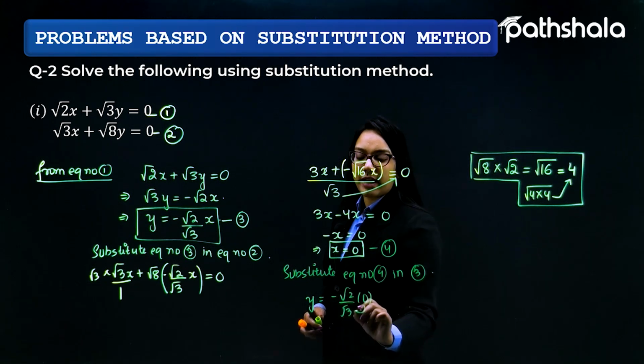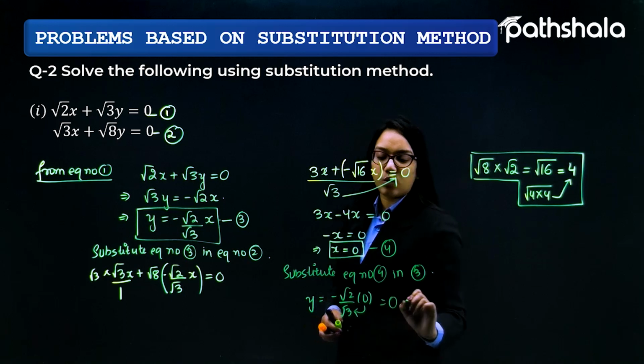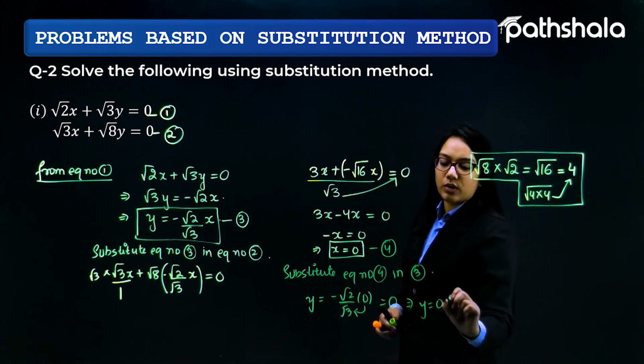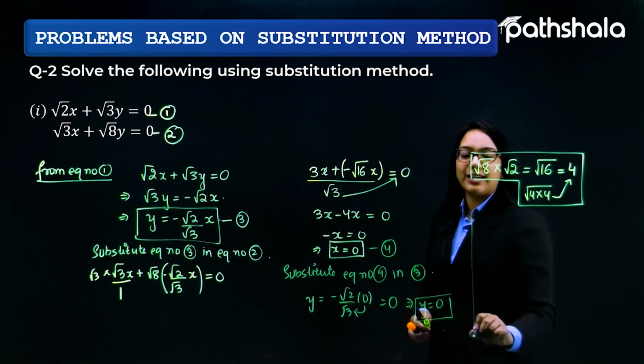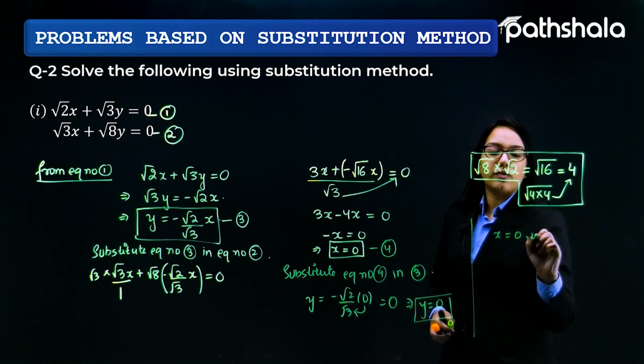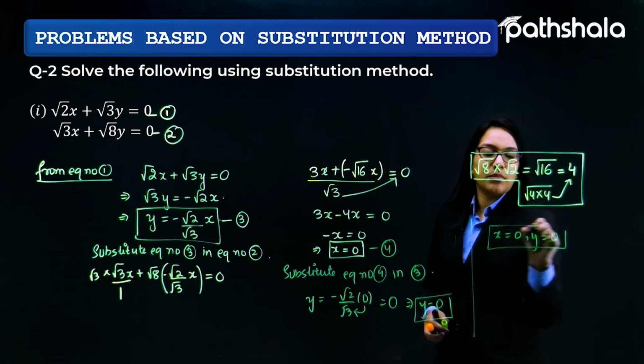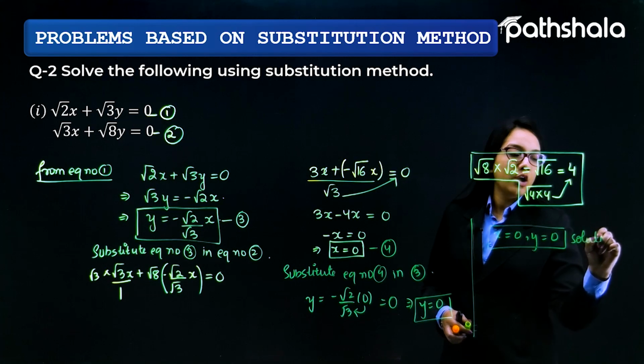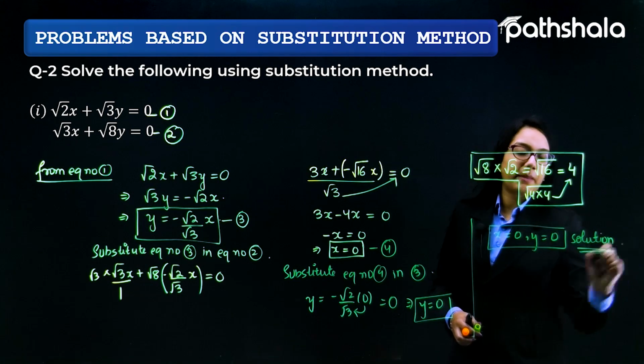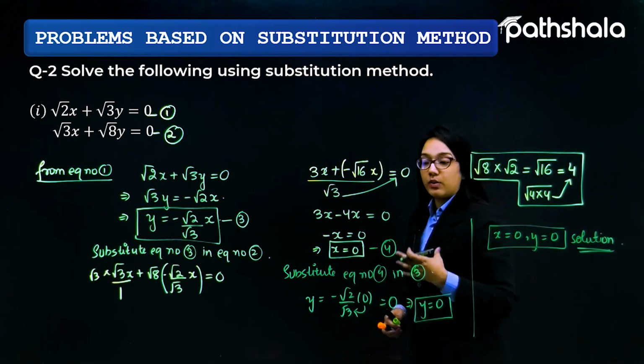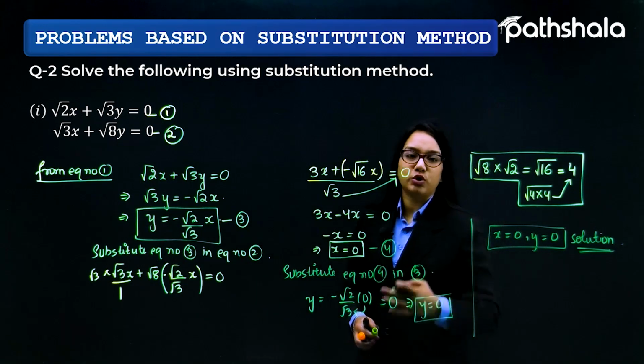When 0 gets multiplied with any number, the answer is 0. It means y is equal to 0. So hence, at the end, x = 0, y = 0 is the solution for this particular pair of linear equations using the substitution method.